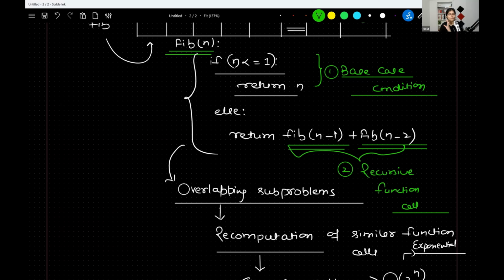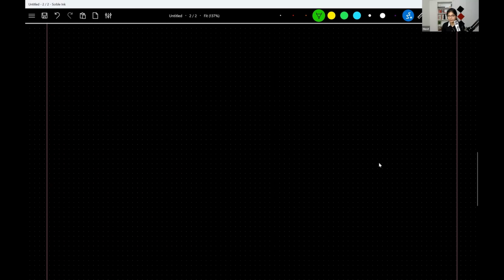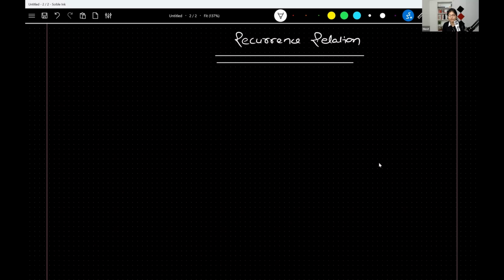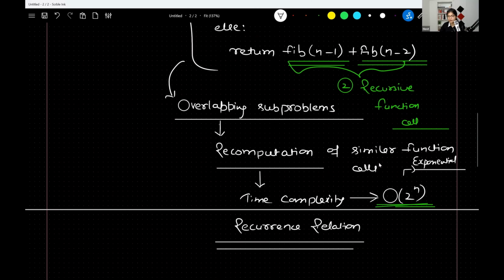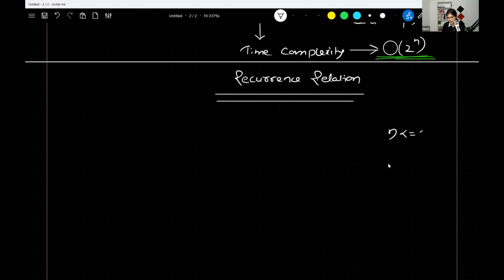Now, today, let's try to understand why this is exponential. What's the reason behind that? Before talking about that, first of all, we need to create the recurrence relation for the same. So let me know what is the recurrence relation of this part. I think I mentioned this in the last class. When the value of n is less than or equal to 1, at that point it's a constant task, right?